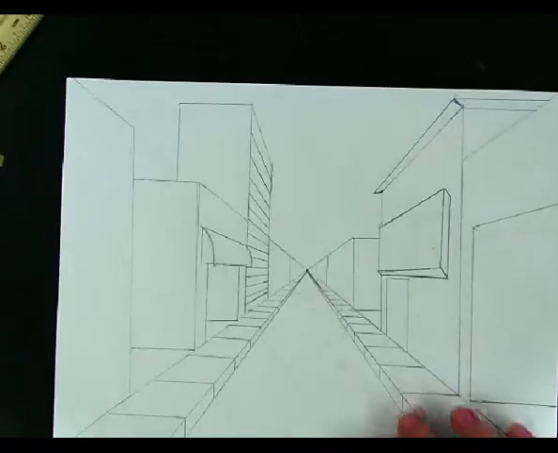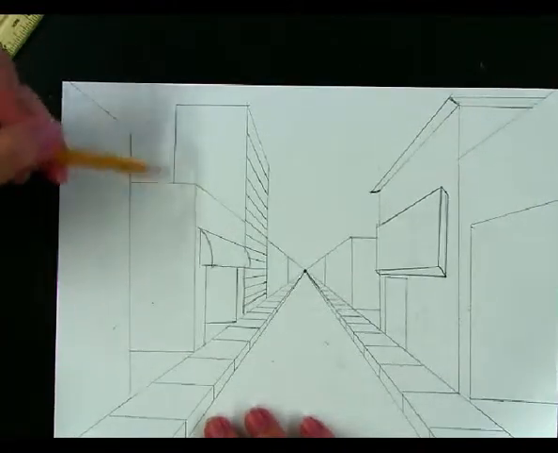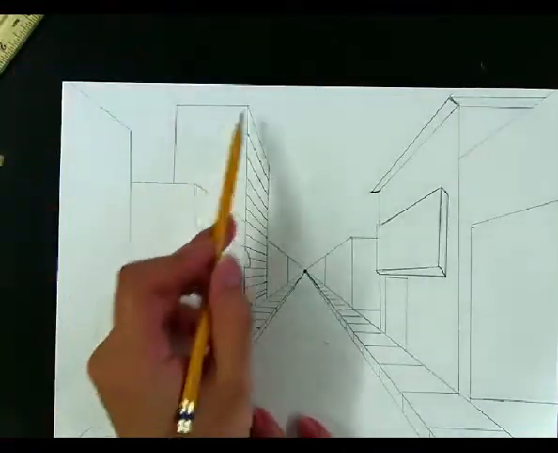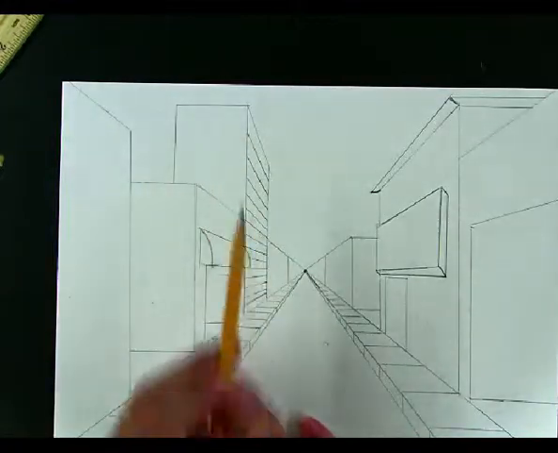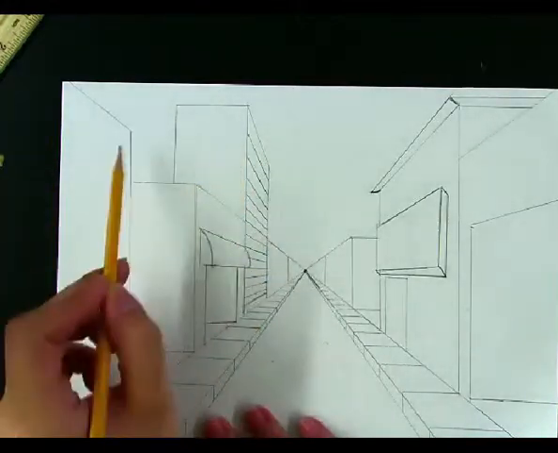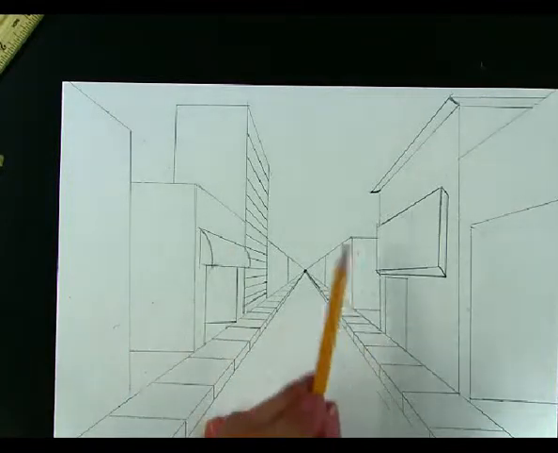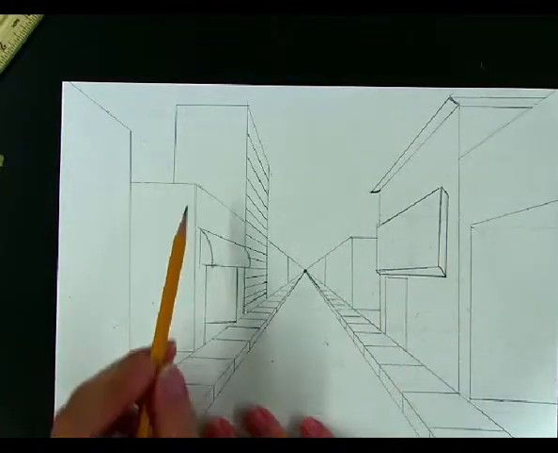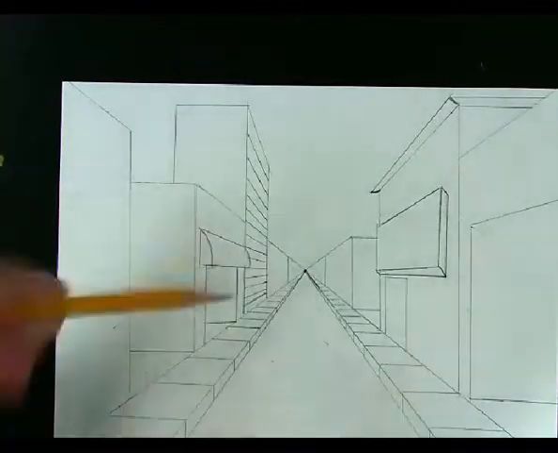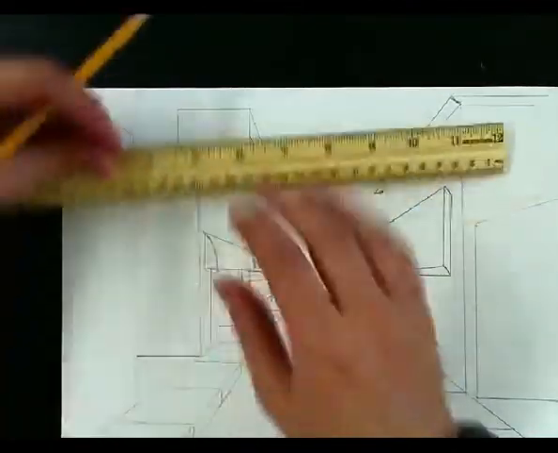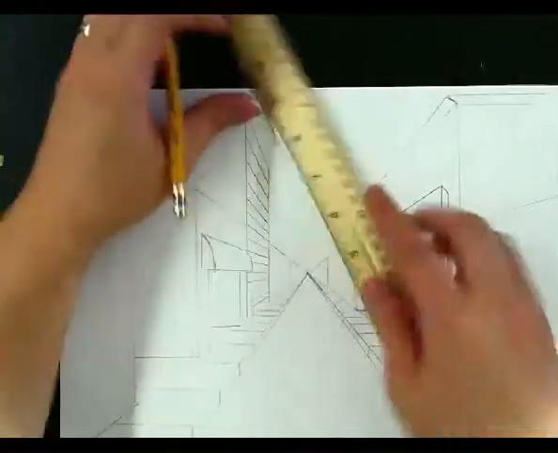Now, one thing that's interesting though is, if you have the side of the building showing here, not the diagonal parts, these actually go straight if you were to do it the correct way. Anything that has alleyways or, you can actually see the sides of the buildings, those don't have to follow that rule of the perspective. So in this case here, I'm going to actually draw another line.